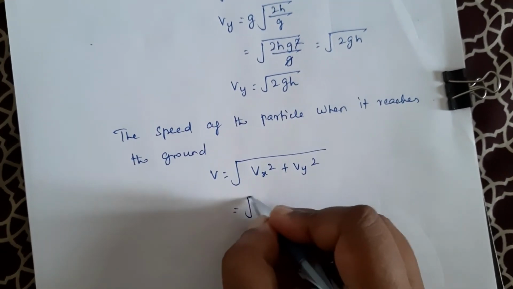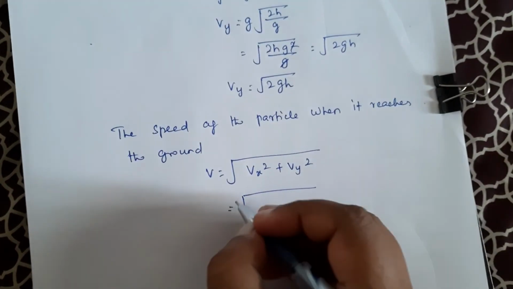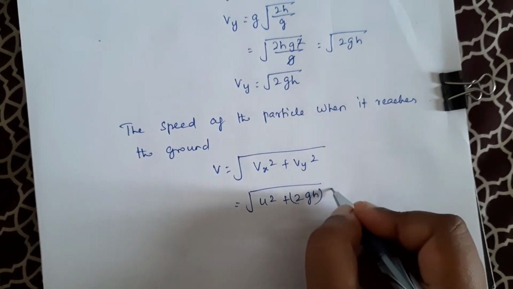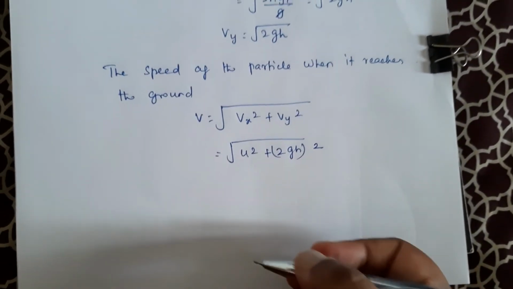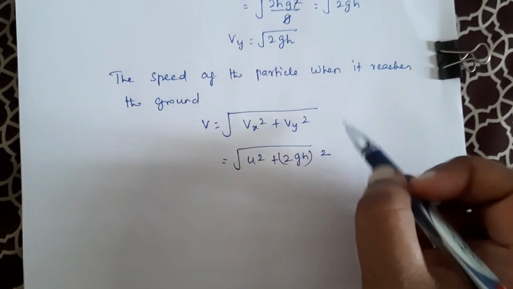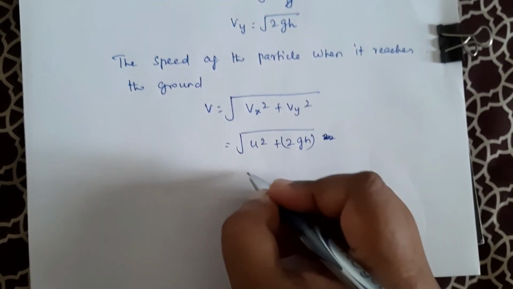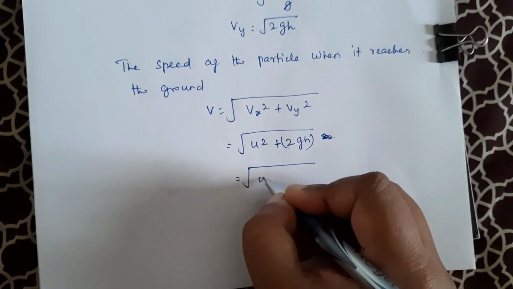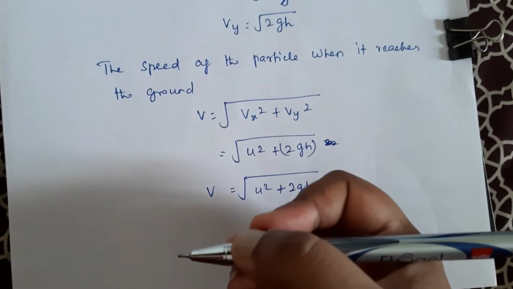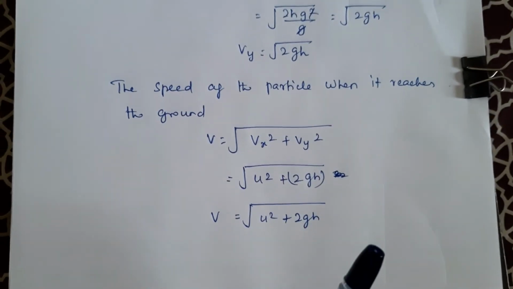That's nothing but root of u square plus root of 2gh the whole square. Here root and square cancel, so it is 2gh. So you will be getting root of u square plus 2gh. So this is the speed of the particle when it reaches the ground.